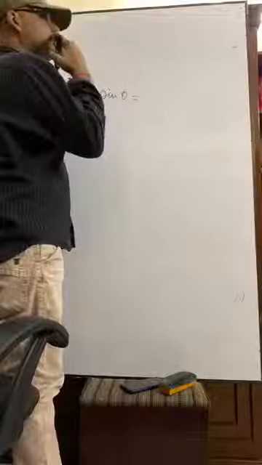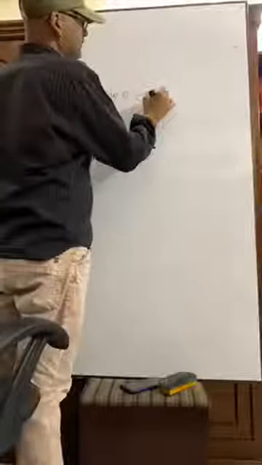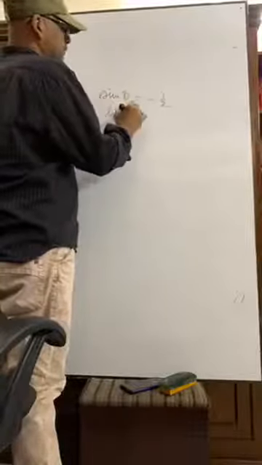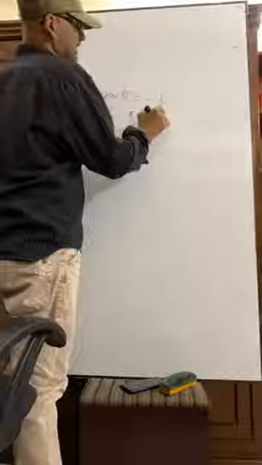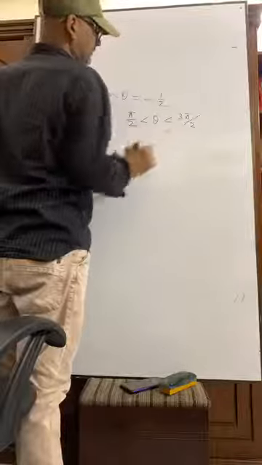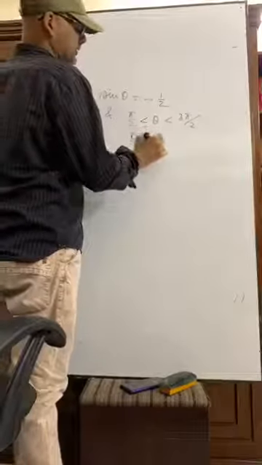Suppose it is given now minus half, okay, and pi by 2 less than theta less than 3 pi by 2. What is the value of theta?